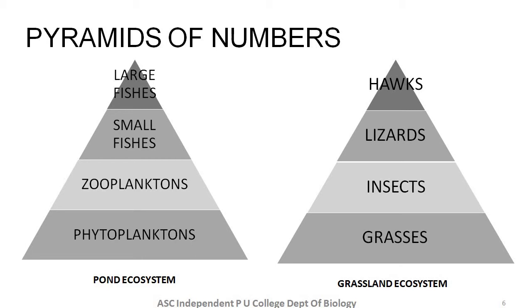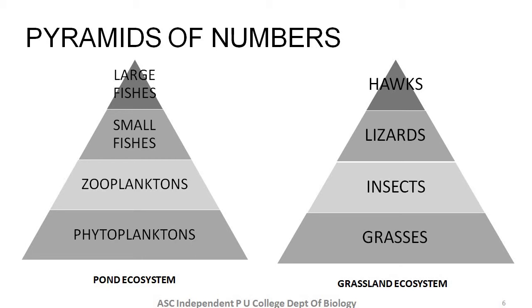The base, which always forms the producers, the phytoplanktons in this case, are more in number when compared to zooplanktons, and zooplanktons are more in number when compared to small fishes and large fishes. So as we move ahead to a higher trophic level in this food chain, we observe that the number of organisms is decreasing as we move in the successive trophic levels.